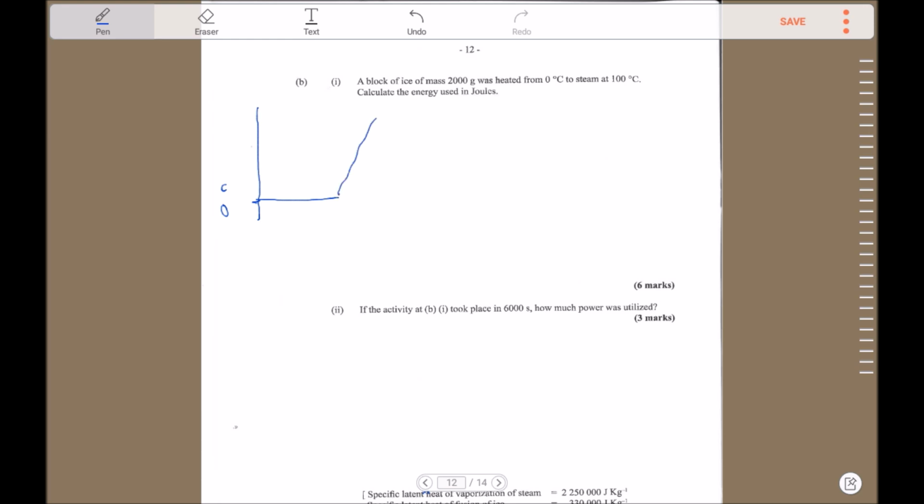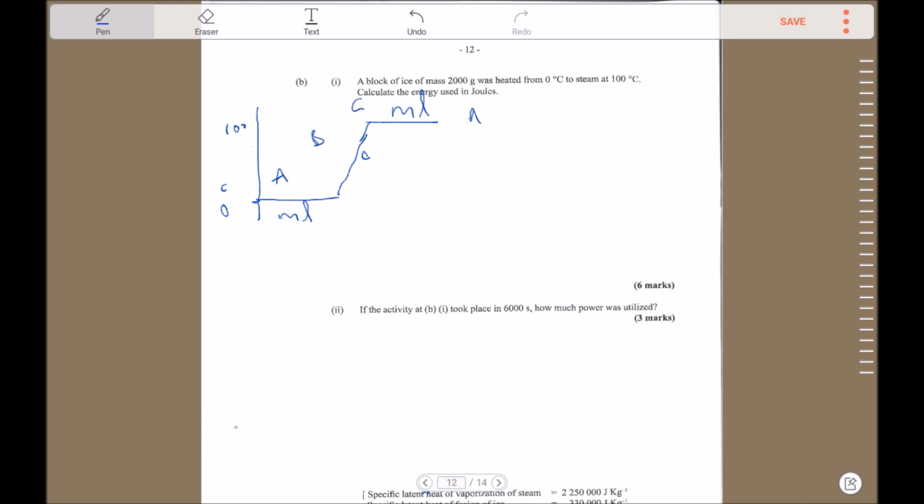Then we go up to 100 degrees Celsius, that's still water, and then at 100 degrees Celsius, it changes to steam. Here where we have the flat part, it's latent heat, so that's mass times latent heat. And where we have a change in temperature, that's specific heat capacity, little c. So let's name this now A, B, and C.